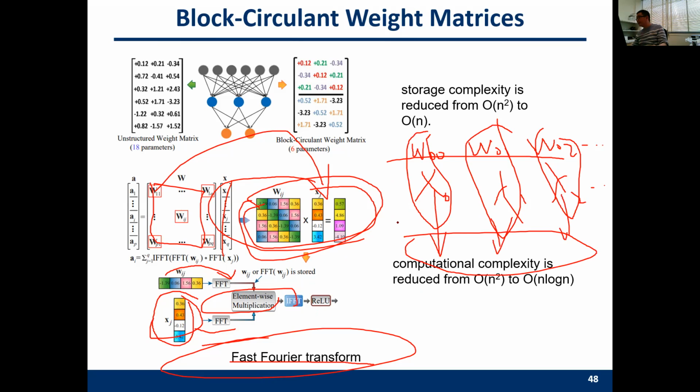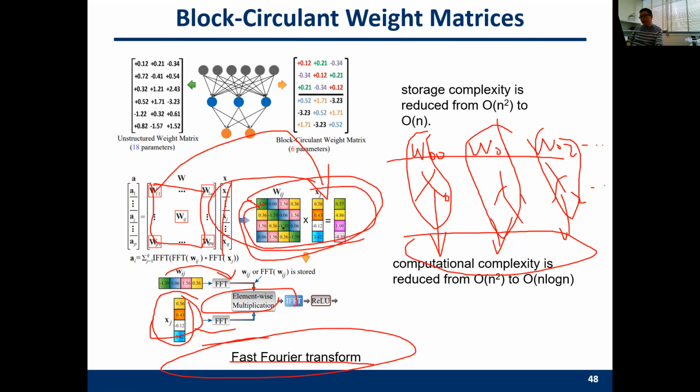So by the FFT transformation, we can reduce the computing overhead, particularly the multiplication overhead. So here is the computing complexity analysis.